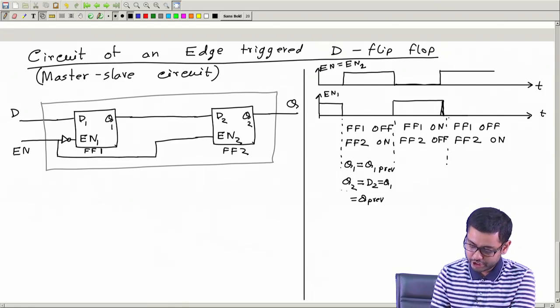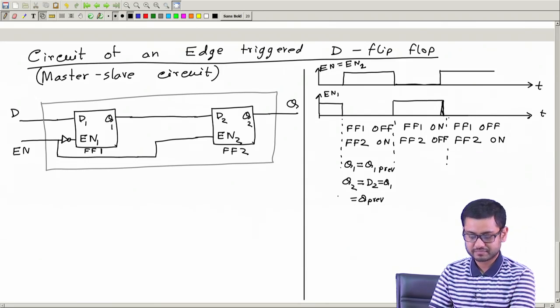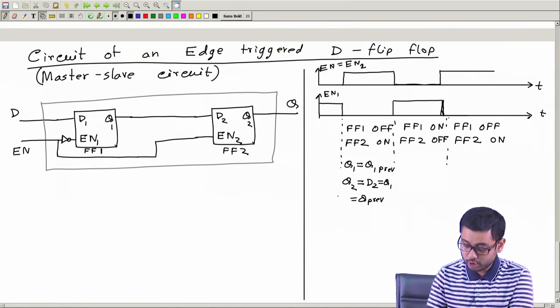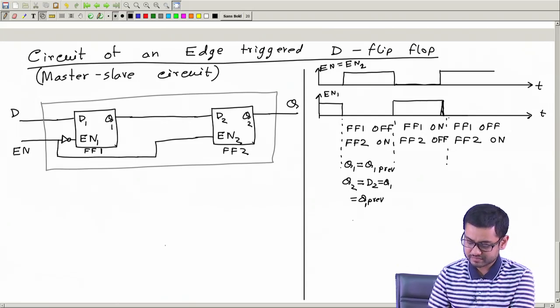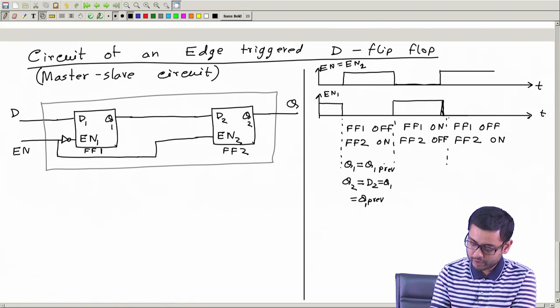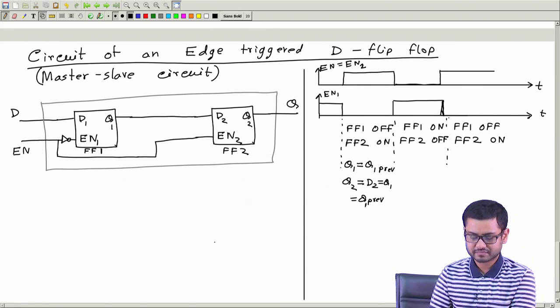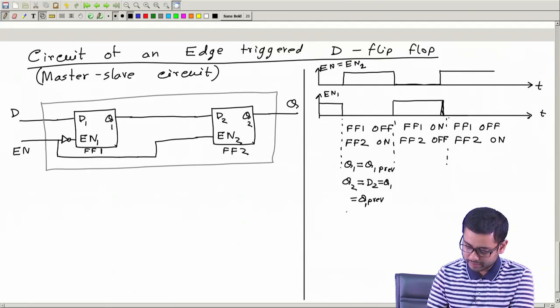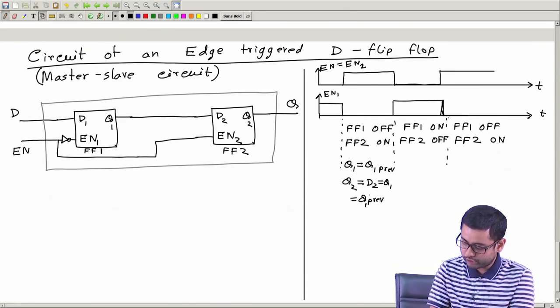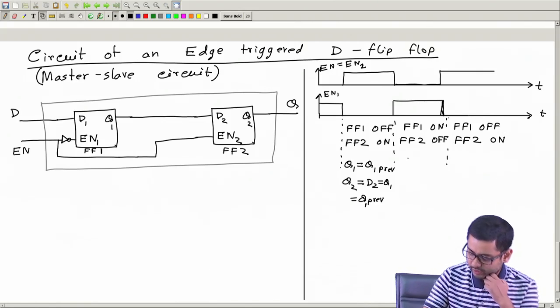So, therefore, Q2 here will remain at the value of Q1 previous. What is Q1 previous? Q1 previous is the value of Q1 before this instant. So, that means Q2 is not changing and it is constant to the value of Q1 previous. Now, let us see what happens here.